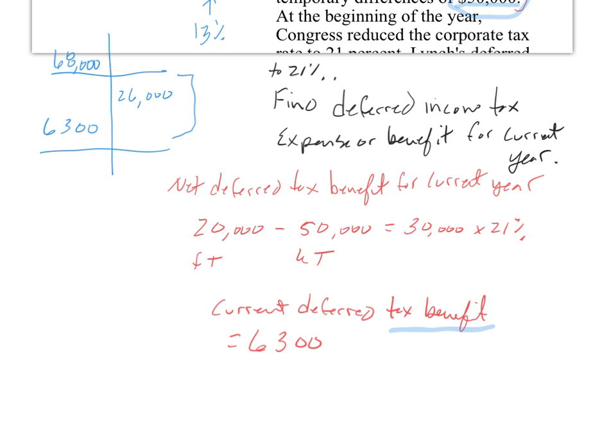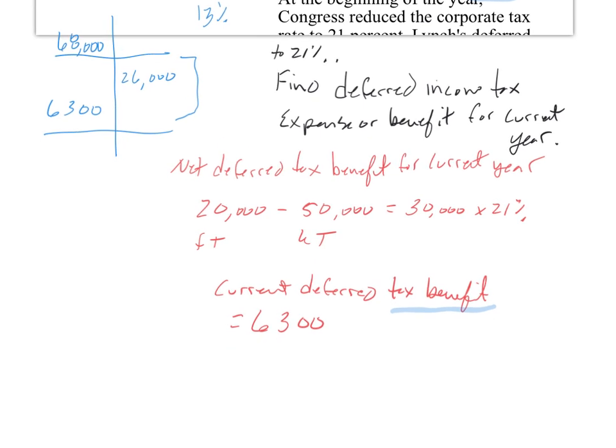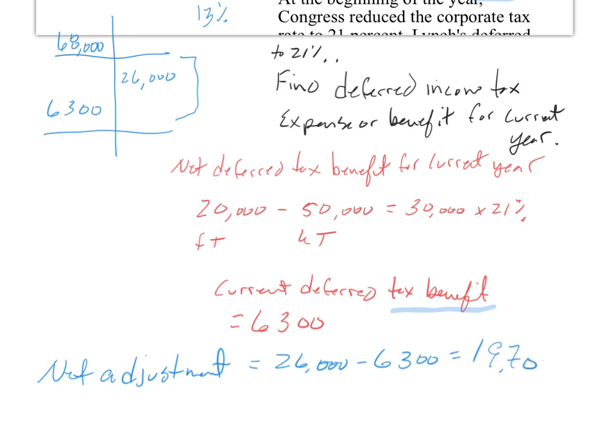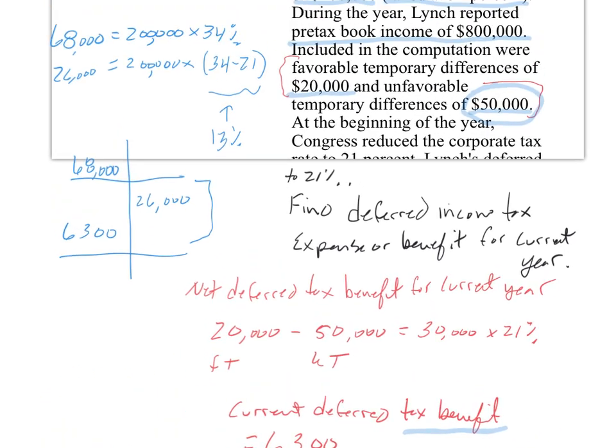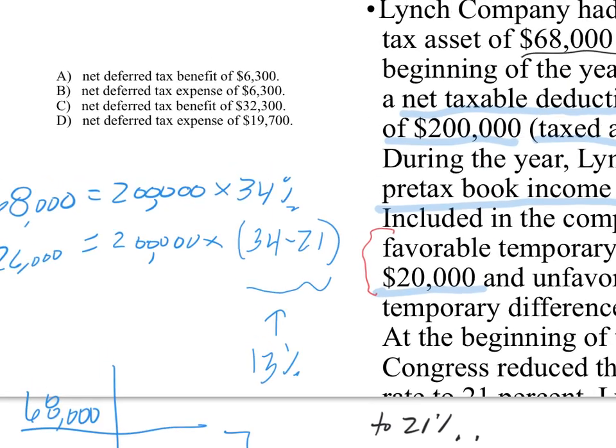So that net adjustment is 26,000 minus 6,300, which is going to be equal to $19,700.